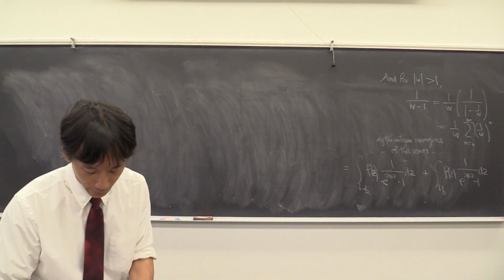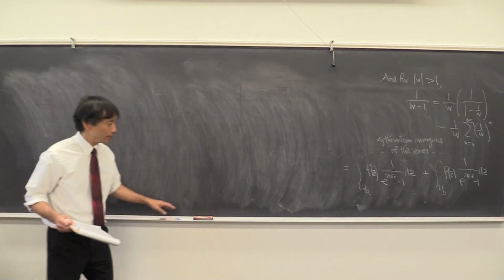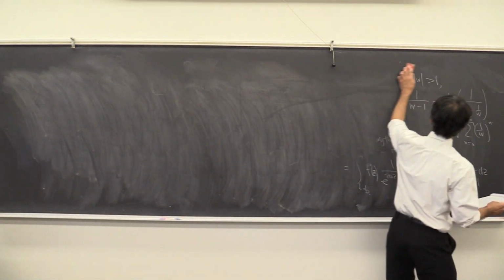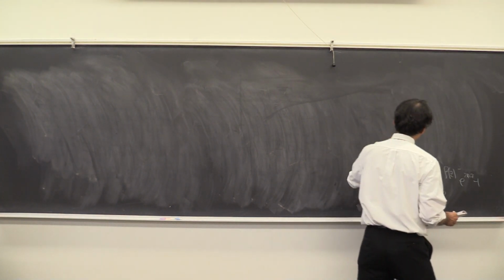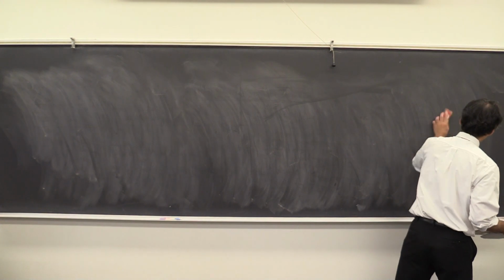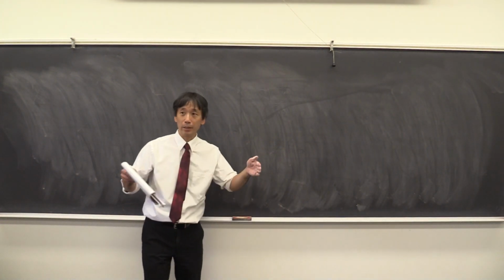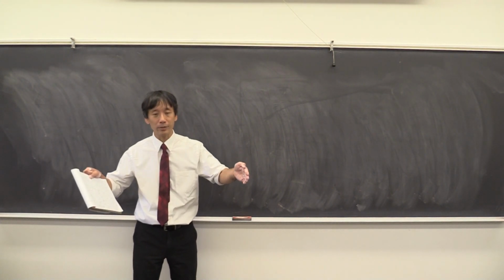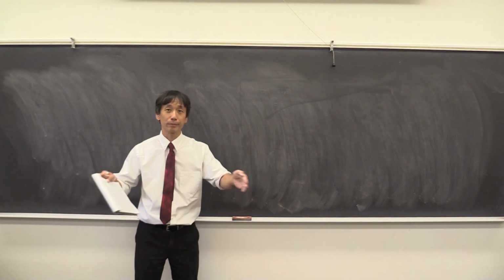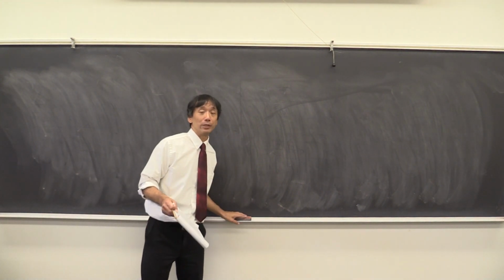Okay, let's go on. So now we're heading towards the big result of the chapter, which is the Paley-Wiener theorem, which relates the support of the function, the place on which the function is non-zero, to the decay of the Fourier transform.